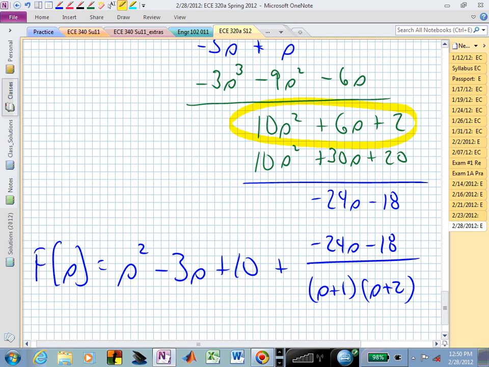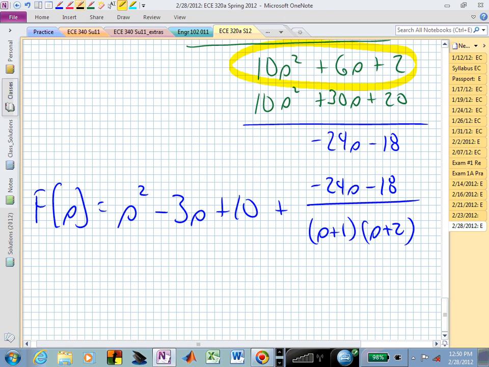Really? So take out your calculator if you have one and see if you can make this happen. The command that you want to use is proper fraction.